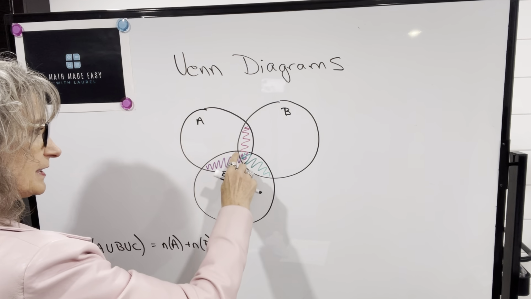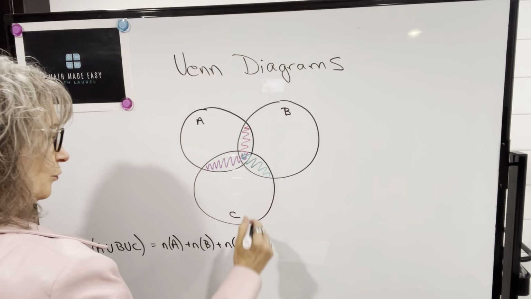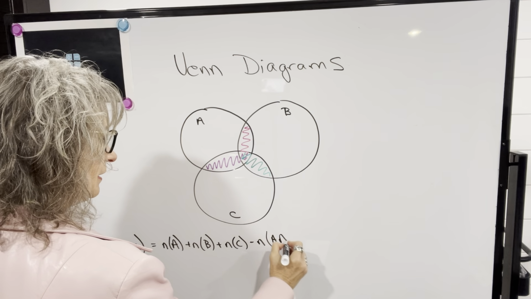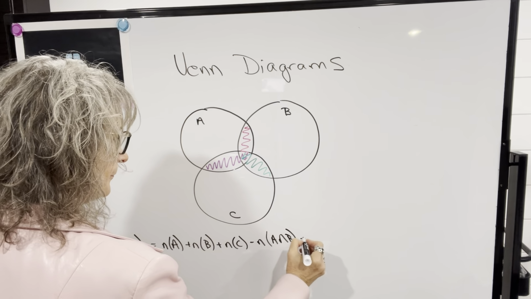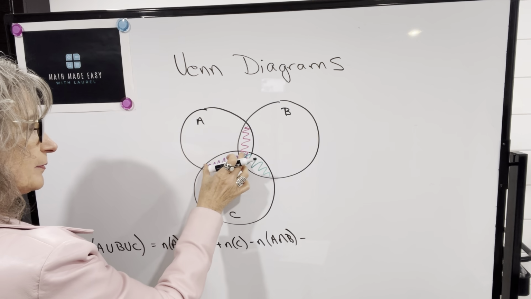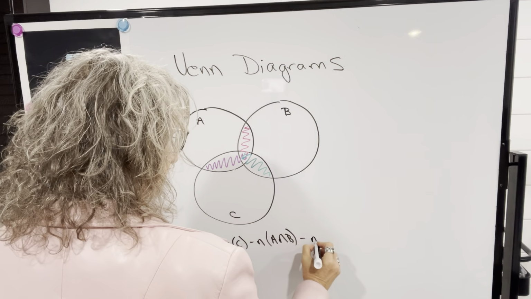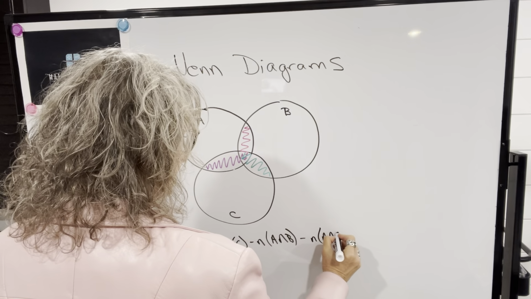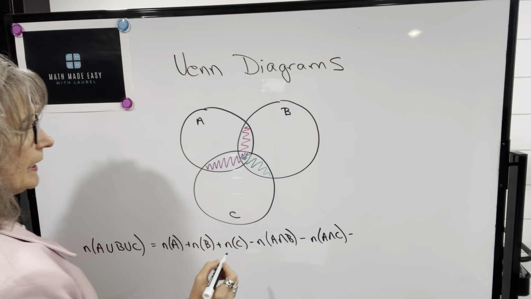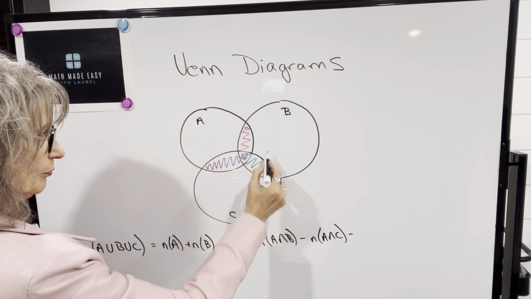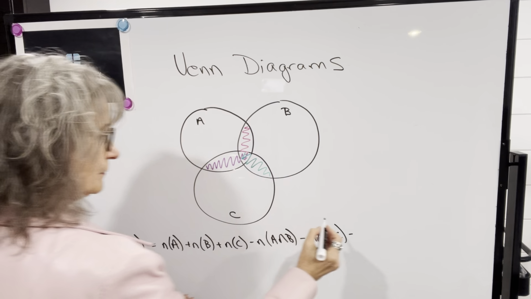The number of elements in this section right here would be the number of elements in the intersection of A and B. Then we'll subtract the elements that are in this section, the intersection of A and C. And we'll also subtract the number of elements that are in both B and C, so the intersection of those.